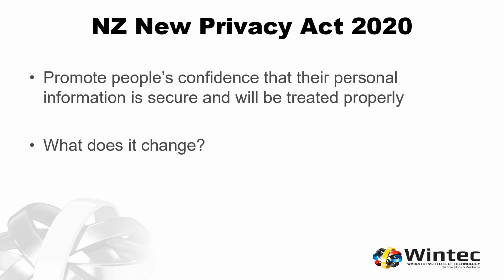The bill creates new criminal offenses as well, including misleading an agency to obtain access to someone else's personal information, as well as destroying a document containing personal information, knowing that a request has been made for it. Under the old Act, penalties for offenses were fines up to $2,000. Under the new Act, fines for offenses can reach up to $10,000.